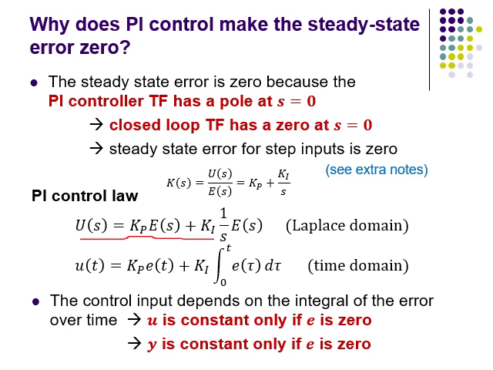And so we find that in the steady state behavior, the only way the input U can be constant is if the error is 0. And therefore we can conclude that the only way that the output Y can be constant is if the error also is 0.